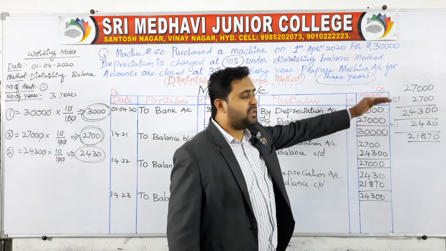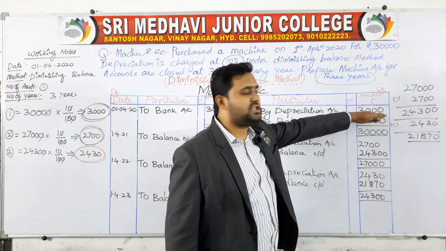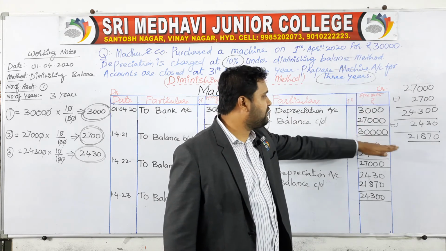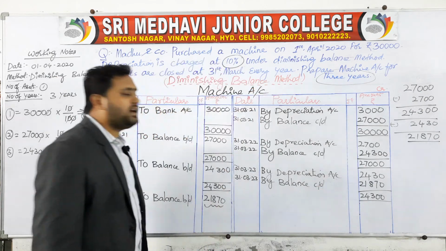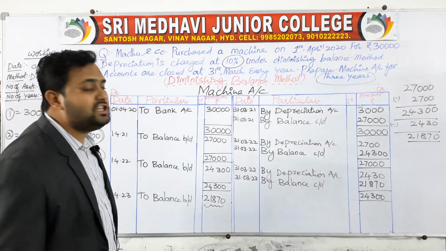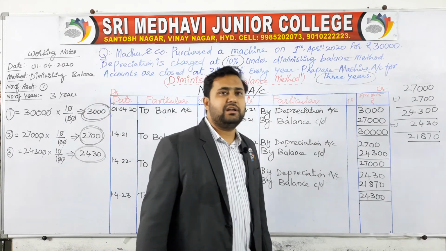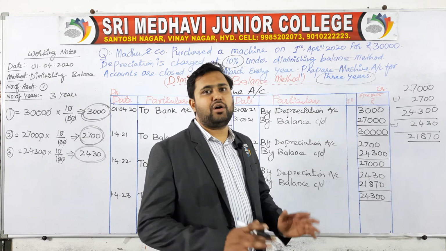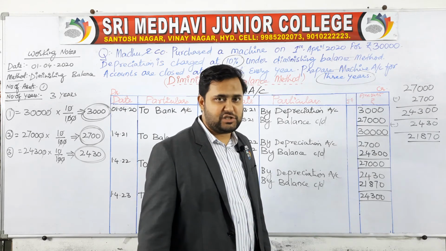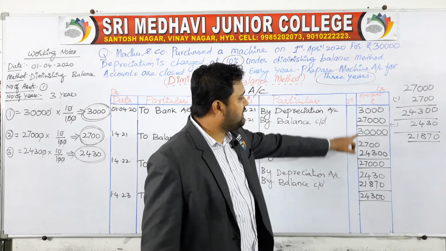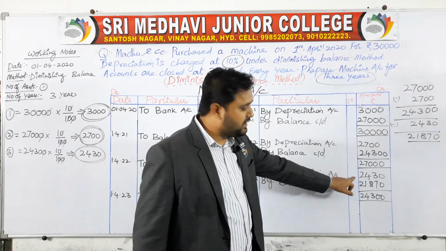For example, the first year will be 3,000, next year also 3,000, next year also 3,000. But in diminishing balance method, every year depreciation changes: 3,000 in the first year, next year 2,700, and in the next year 2,430.